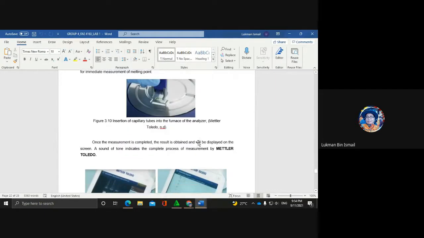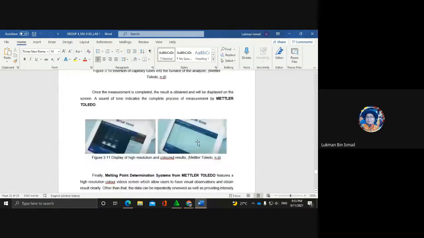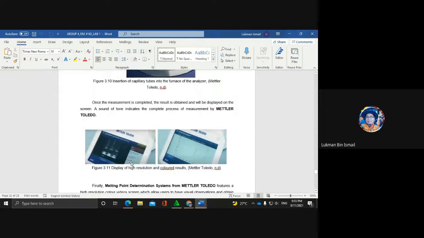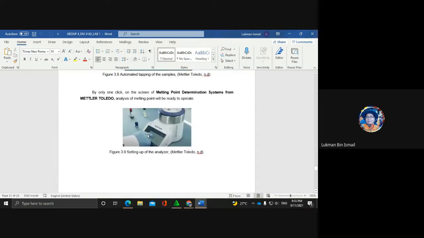And so you explain, and then you have this. So what is the temperature? And then okay, it's 1 decimal point there. If you can have an equipment who can provide 2 decimal point or 3 decimal point, that is even more accurate. Okay. So the temperature is recorded by a video. Okay. Capillary tube into the furnace of the analyzer, and then you have the video that record the temperature.